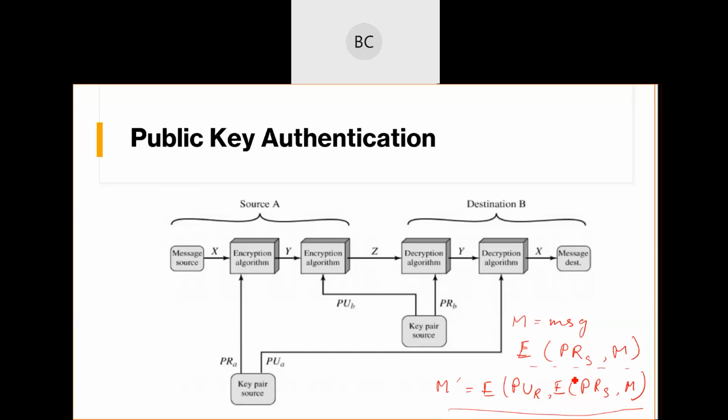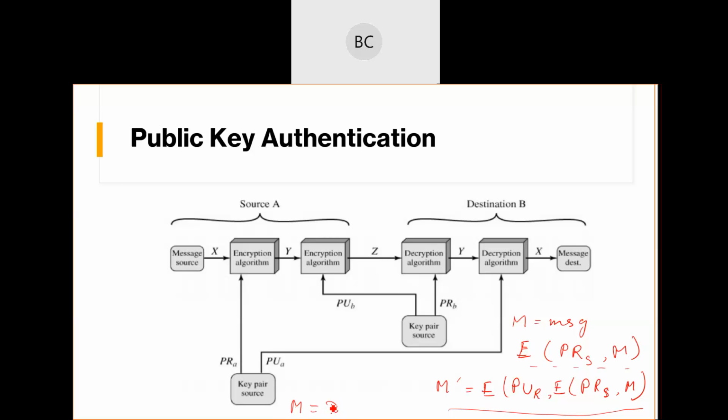You will just encrypt the whole message with the digital signature of your private key of the sender, using the public key of the receiver. For the decryption, what you will do is just the opposite. You are going to decrypt the message.